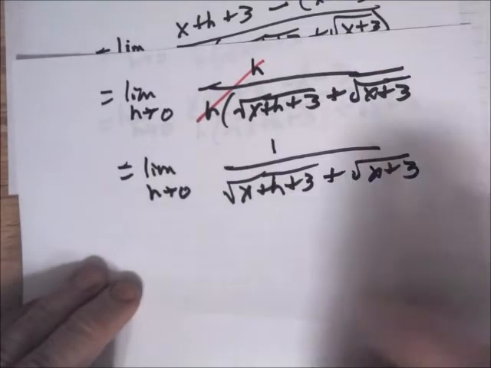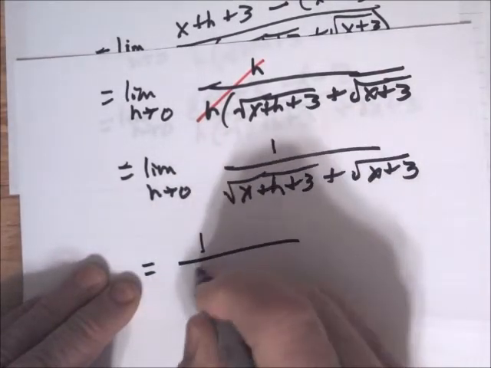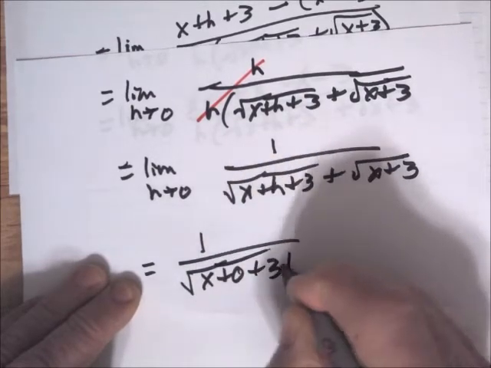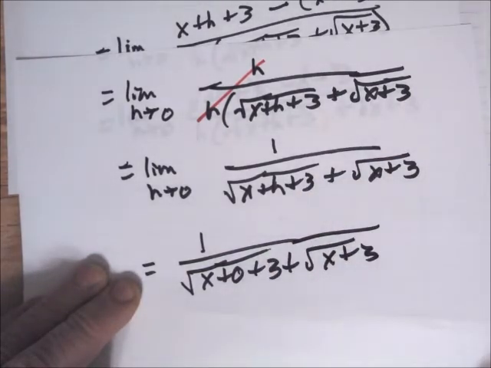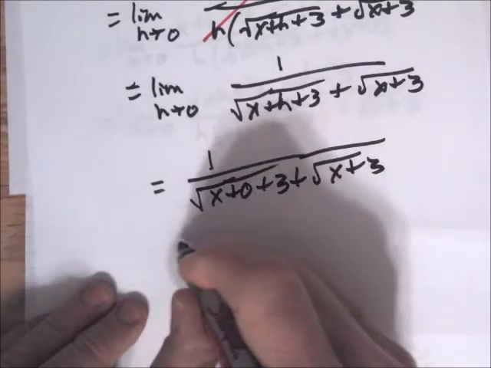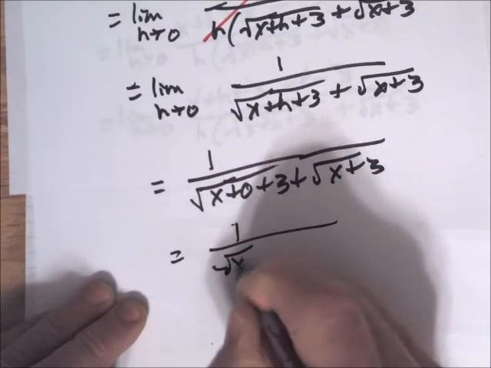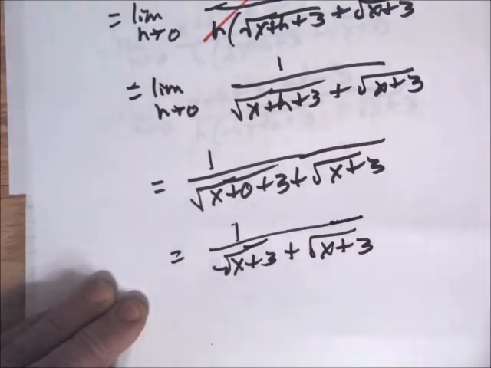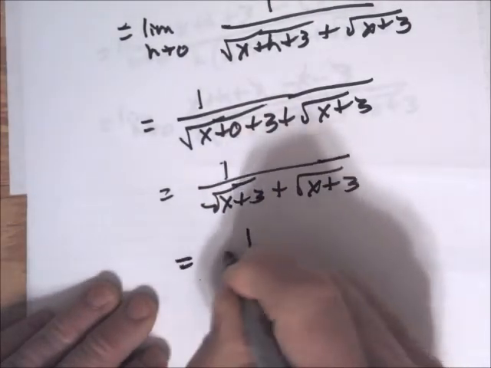So as h goes to 0, we just replace h by 0 here. We have 1 over square root x plus 0 plus 3 plus square root of x plus 3. So x plus 0 is just x, so 1 over square root of x plus 3 plus square root of x plus 3, and square root of x plus 3 plus itself is just 2 times the square root of x plus 3.